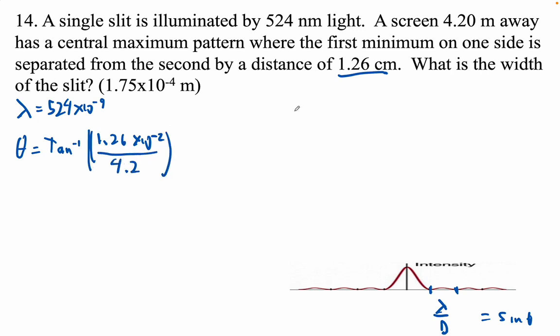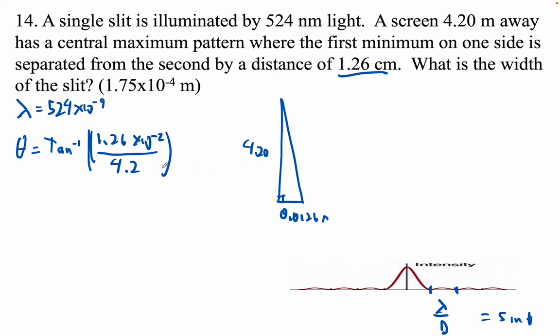I'm just pretending that this angle looks like this. It doesn't, but there's not a huge error for this. Let's imagine that's 90 degrees. This side is 0.0126 meters, and this side here is 4.20. Now, these sides are essentially the same length.